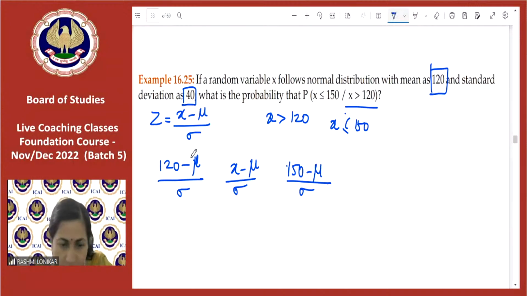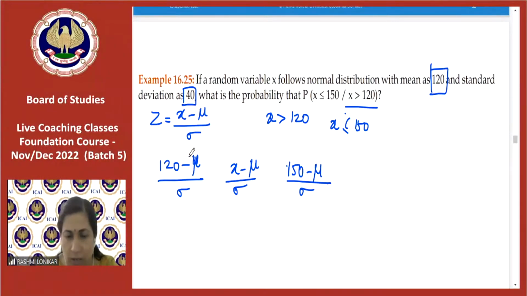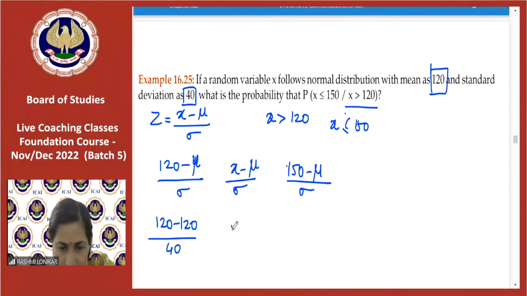Now they have already given you the mean as 120 and the deviation as 40. This limit you have understood, 120 to 150. What is the value of mu? 120. What is the value of sigma? 40. So 120 minus 120 upon 40, and here it is 150 minus 120 upon 40.